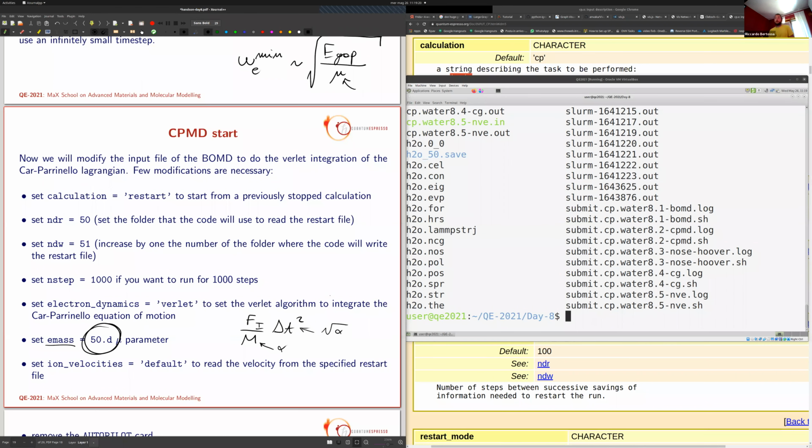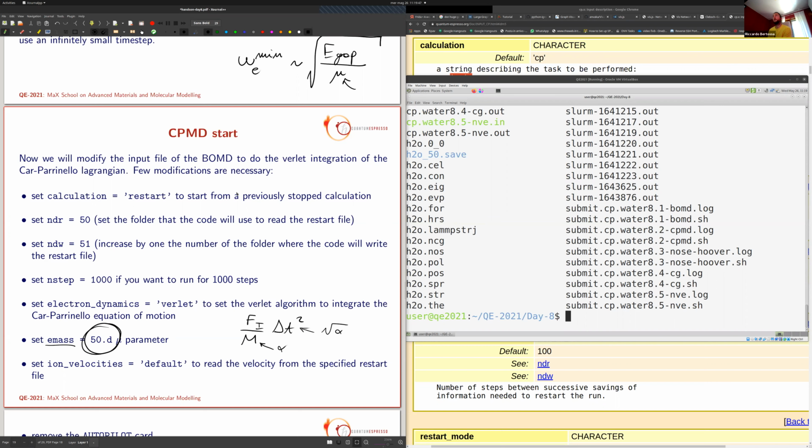So the lower the electronic mass, the lower the time step. And since the electronic mass is the lighter element in the system, you have to choose a smaller time step for the whole simulation. So you have to balance between a small time step and an accurate enough simulation. This usually is a good guess to start with.